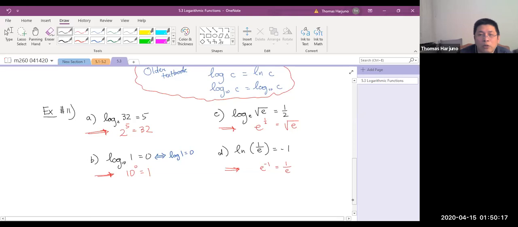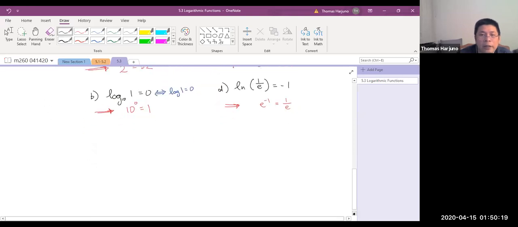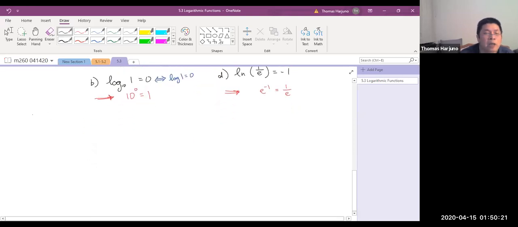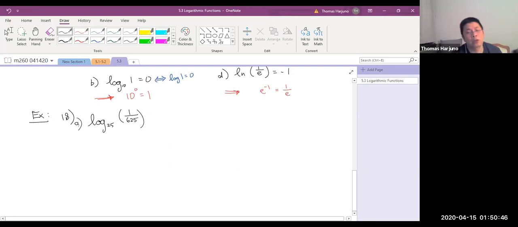Now, why do we need to learn that? At least it helps us compute some basic or simple values of logarithms. Let's say number 18: log base 25 of 1 over 625. The question is to evaluate this. How do we compute this without a calculator?